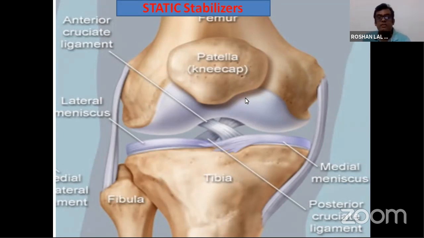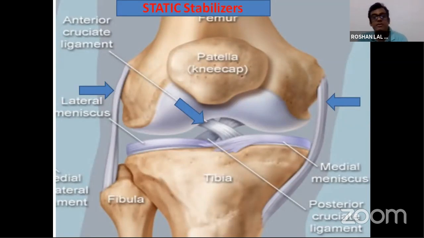These static stabilizers are the collateral ligaments, which prevent excessive angular movement of the knee joint, and the cruciate ligaments, which prevent the anterior and posterior translation of the tibia.